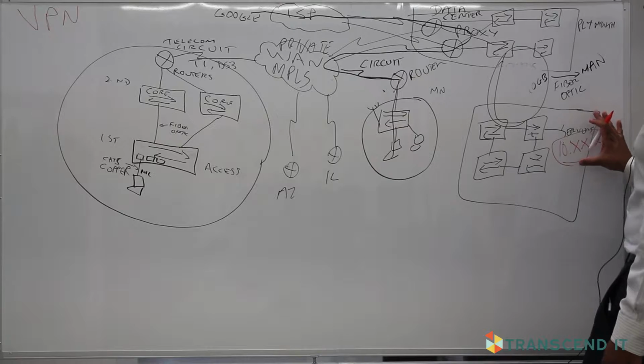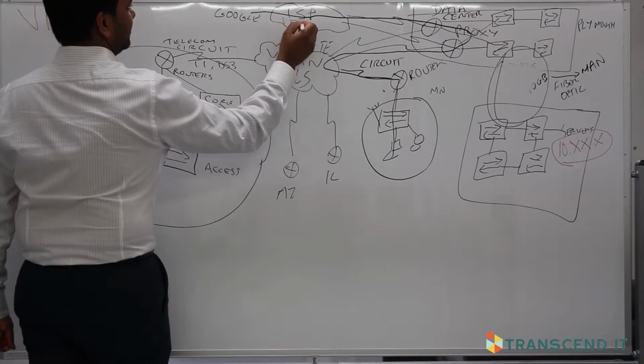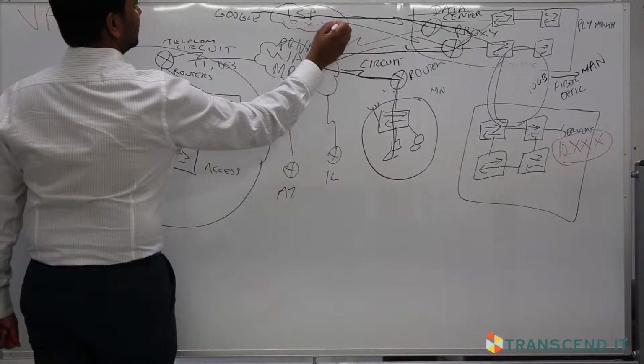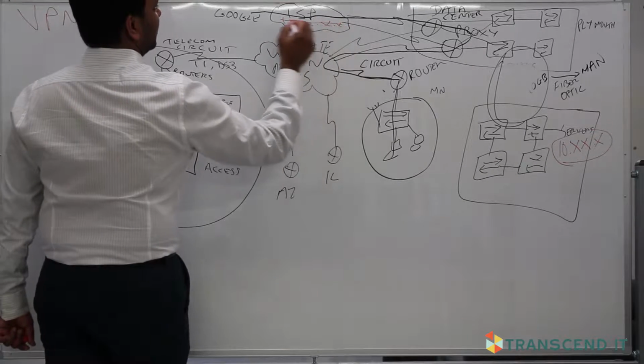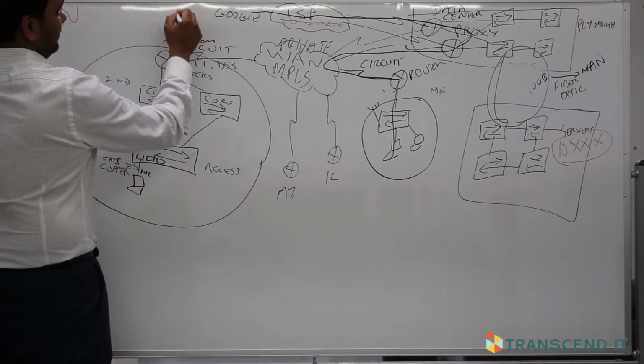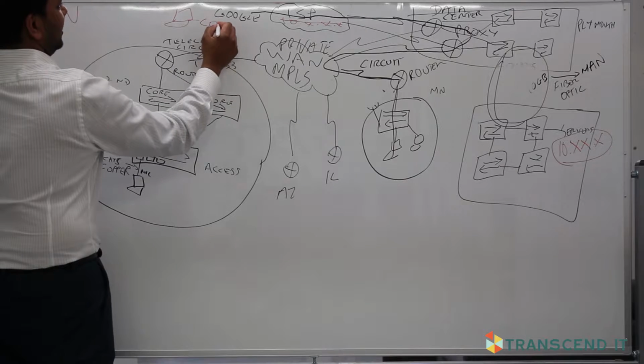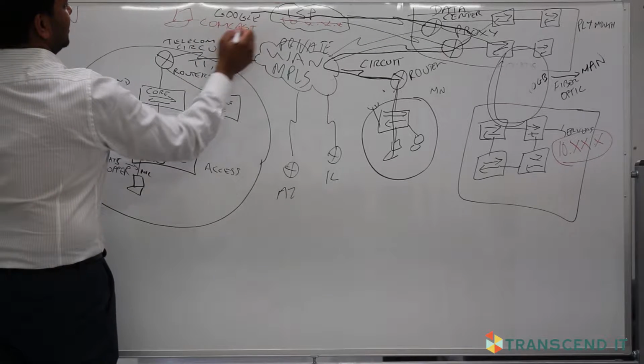This range of IP addresses is absolutely not allowed over the internet. So you can't just go home and fire up your computer that is connected to Comcast or CenturyLink.